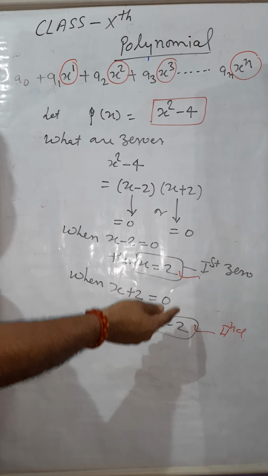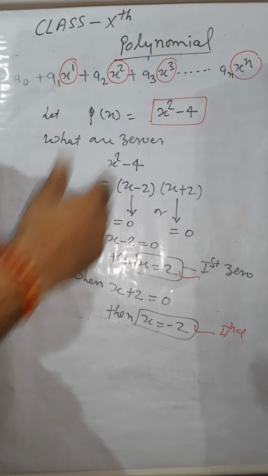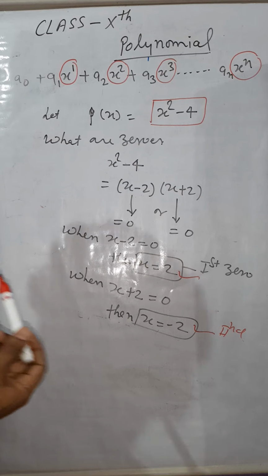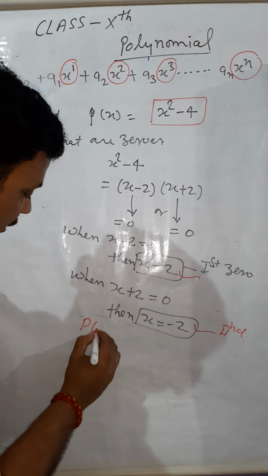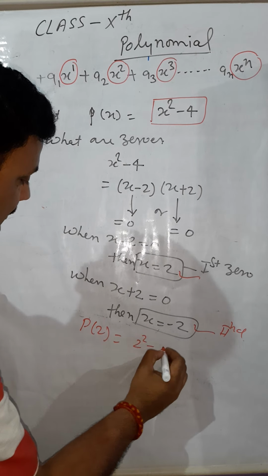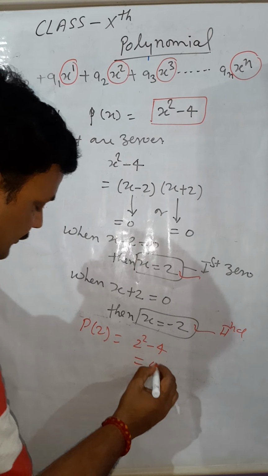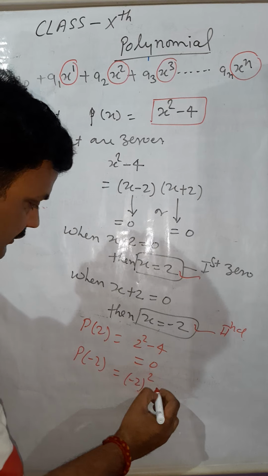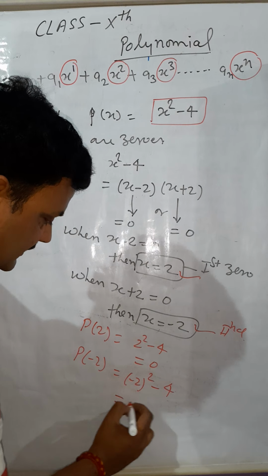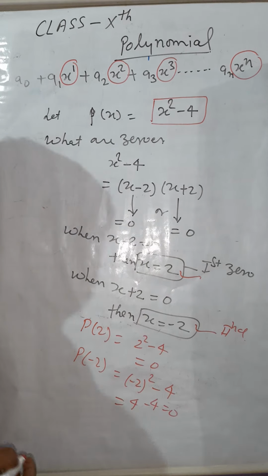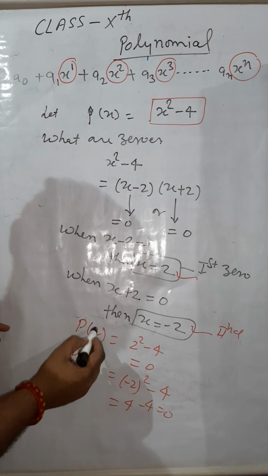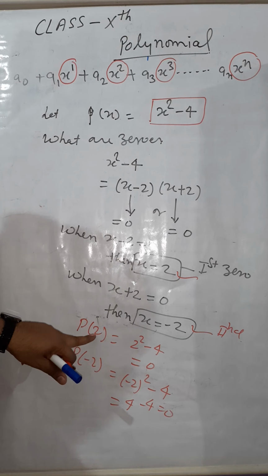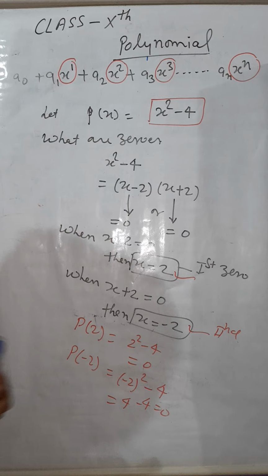Similarly, another value also gives 0. For verification, P(2) means 2 square minus 4, that is 0. P(minus 2), minus 2 the whole square minus 4, is 4 minus 4, equal to 0. So 2 is a zero of this polynomial as well as minus 2.